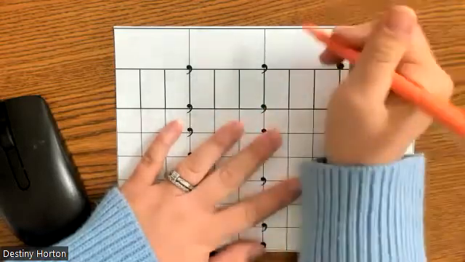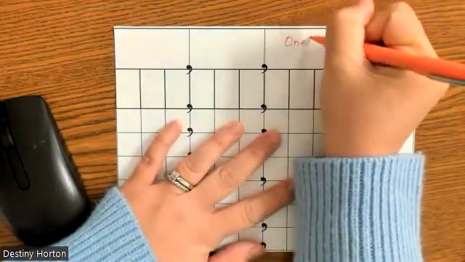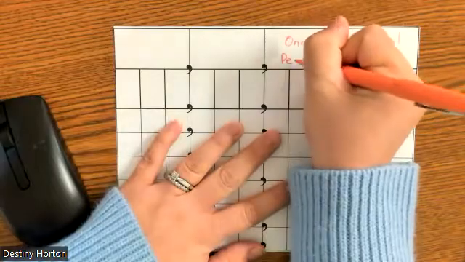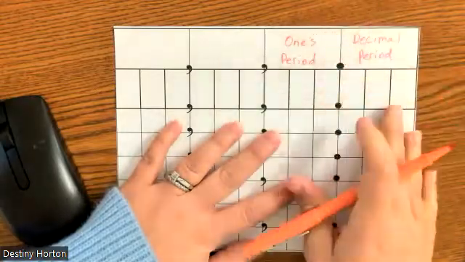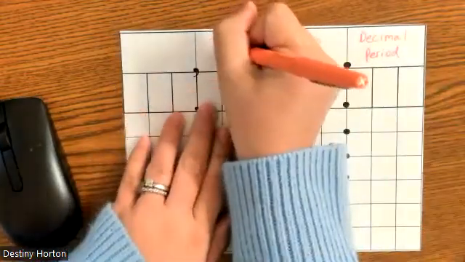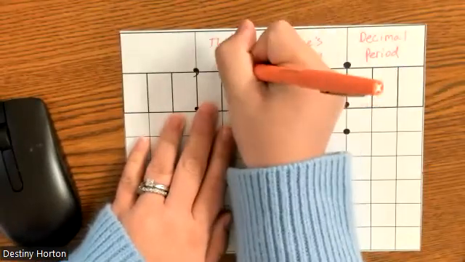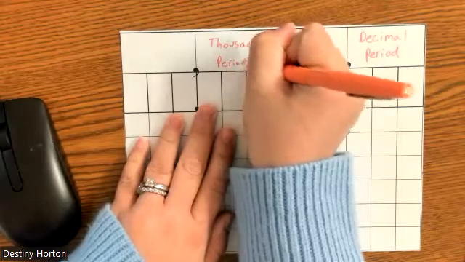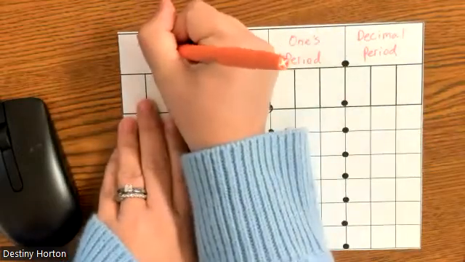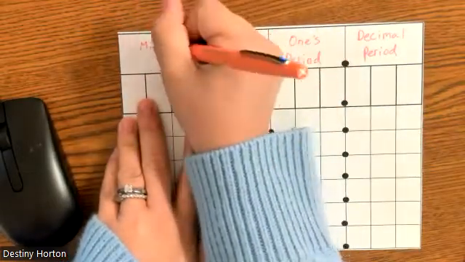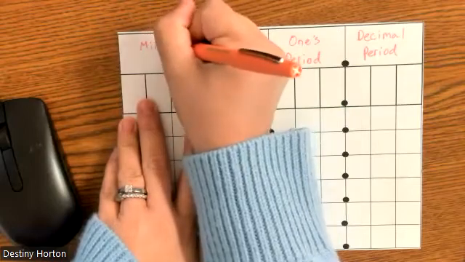We have the ones period. We have the thousands period. And the millions. And of course, that goes on to trillions and billions and all that good stuff.